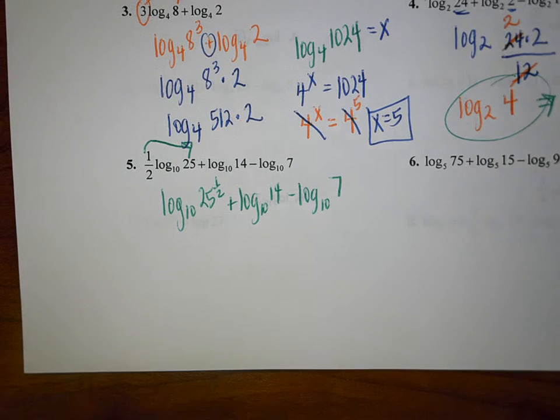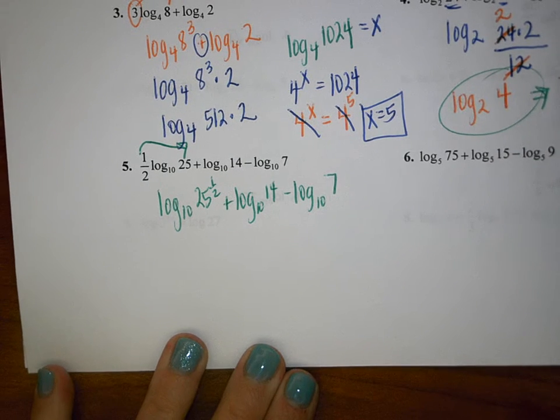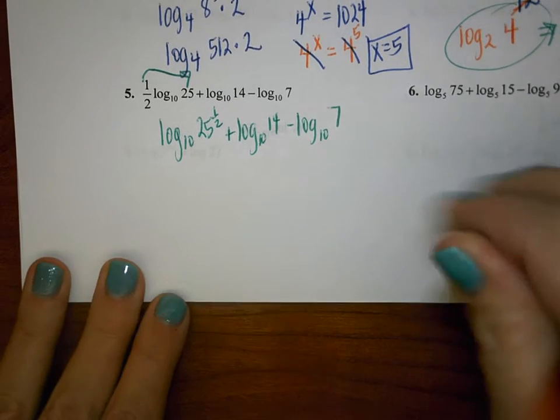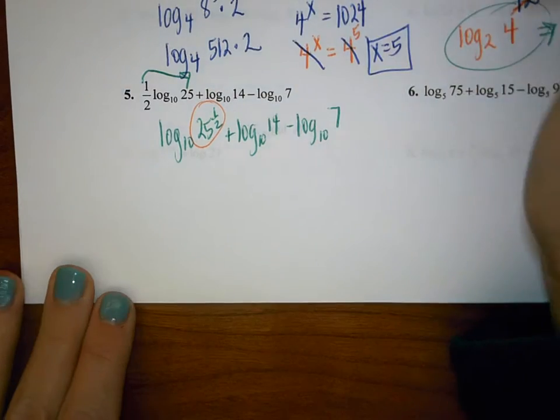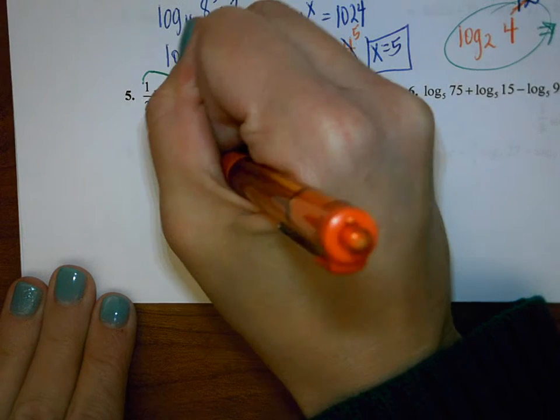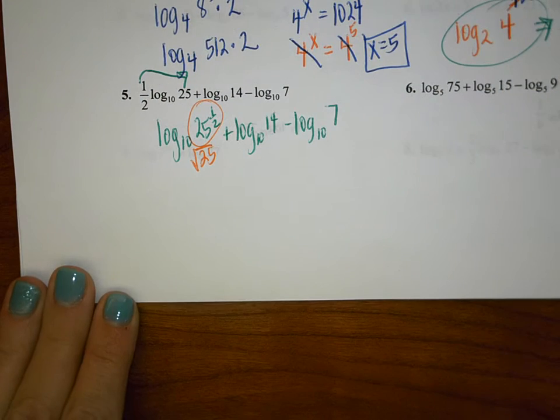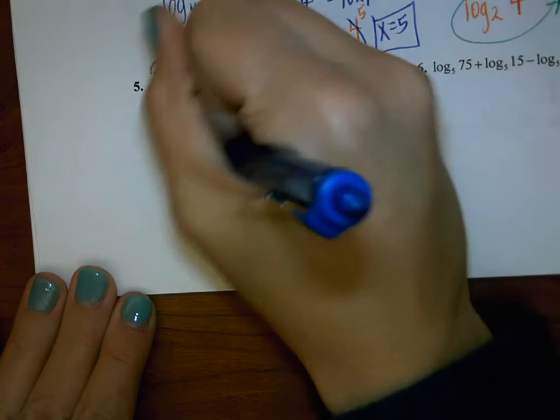It's kind of up to you at this point on how you want to do things first, but I know that 25 to the 1/2 power is really the square root of 25. And the square root of 25 is really what? 5.